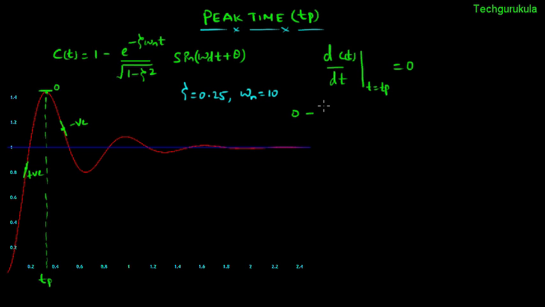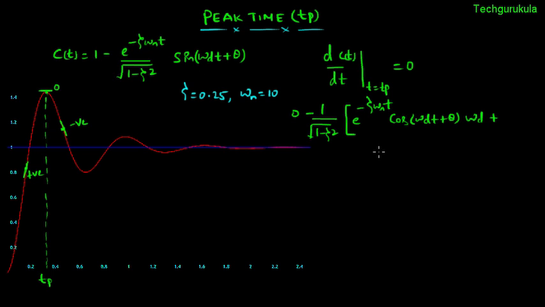We have a constant term here which we will take out, and now we need to find the differentiation of this product of exponential and sinusoid. So let me first take this exponential e power minus zeta omega n t times differentiation of sine, which will be cos of omega d t plus theta times omega d, plus now the differentiation of the exponential multiplied by sine.